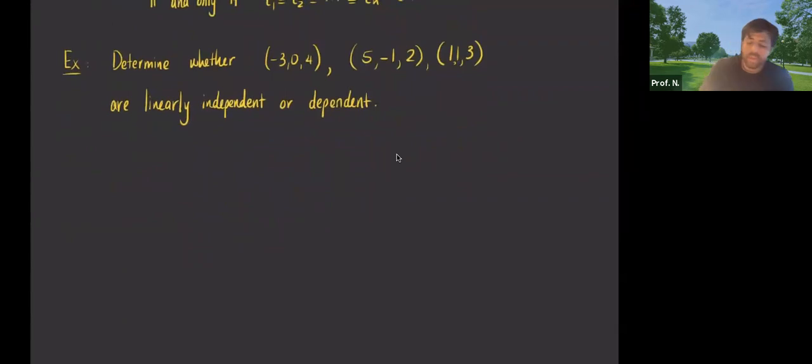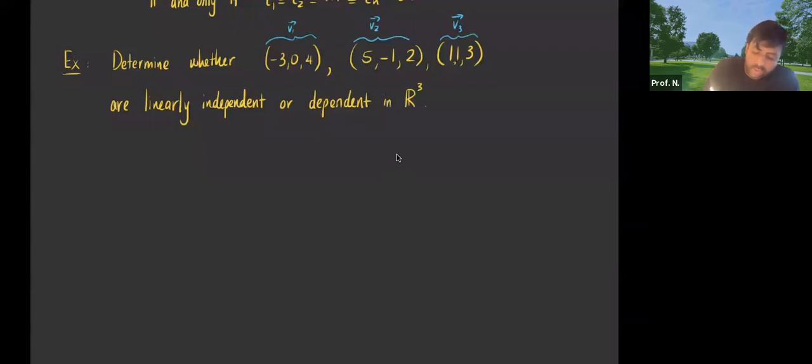So how do we go about doing this? Well, we consider this as our first vector, this as our second vector, and this as our third vector. And I want to know whether they're linearly independent, and these vectors live in the vector space R3.